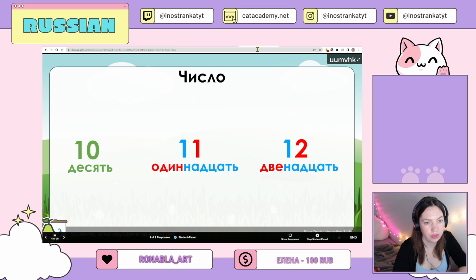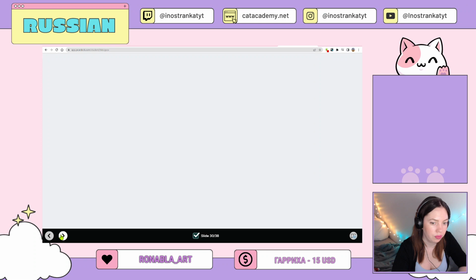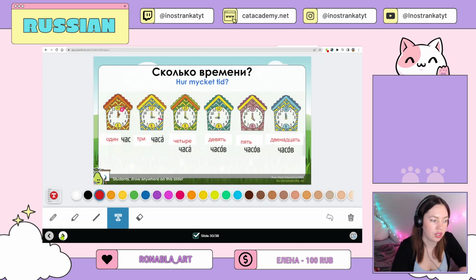So all of those that we need to know. And you can just move between the slides by yourself by clicking these arrows, moving forwards and backwards, so it will be easier.